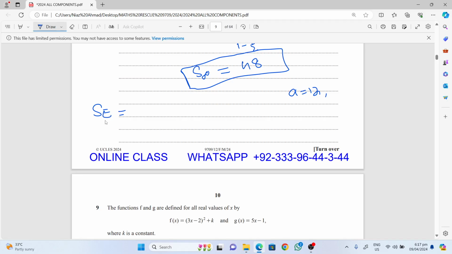The second term is 3, that is ar, and r is 3 by 12, that is 1 by 4. So the sum of this will be again 12 over 1 minus r, that is 1 by 4. So sum to e will be 16. Sum to e is 16. Very simple.